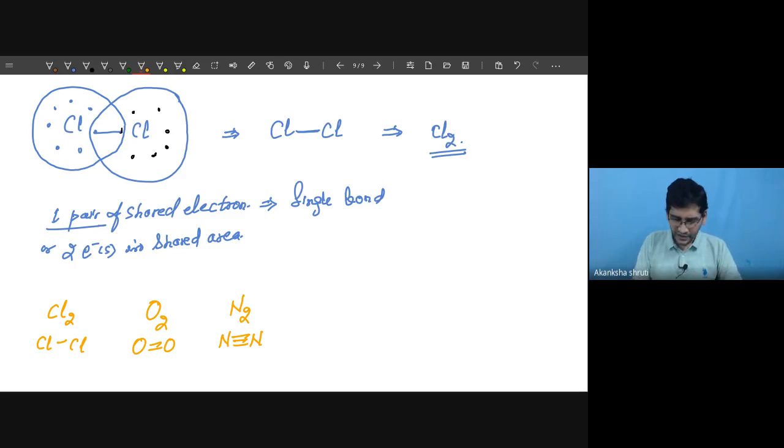So between chlorine, oxygen and nitrogen, what is the difference? This question is also asked in NTSE and other exams.